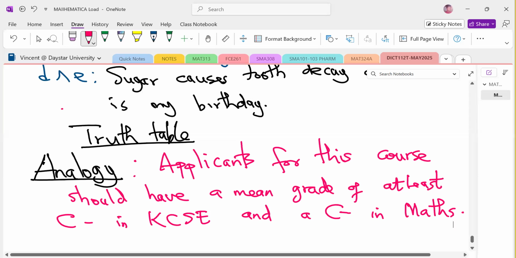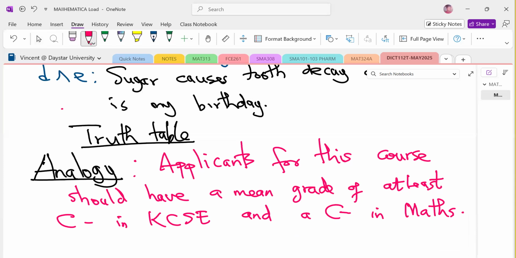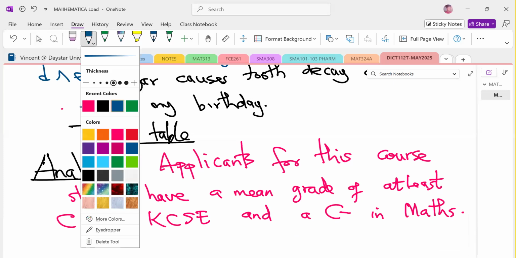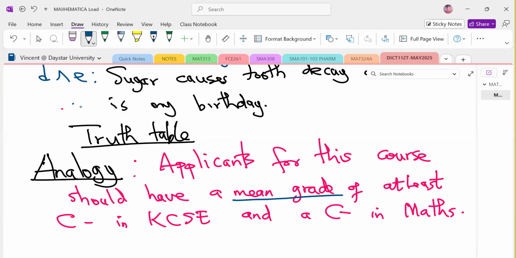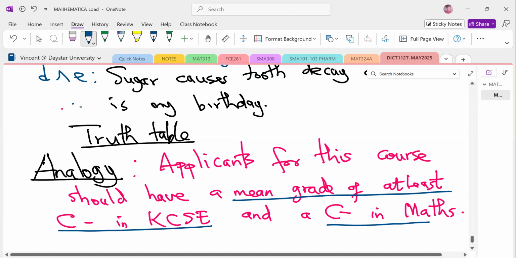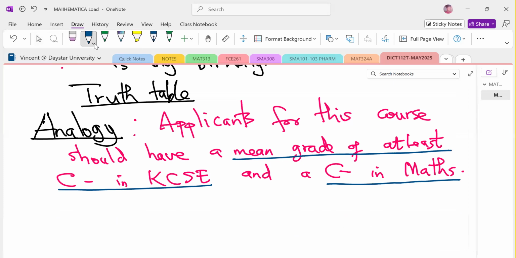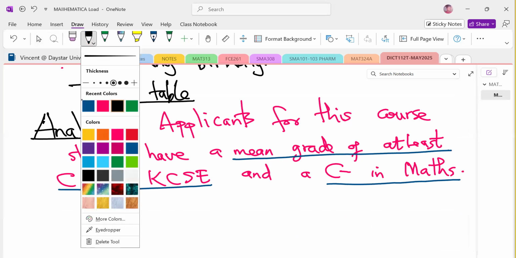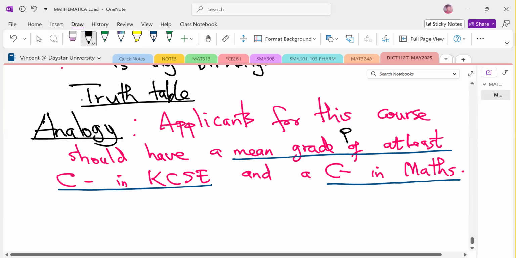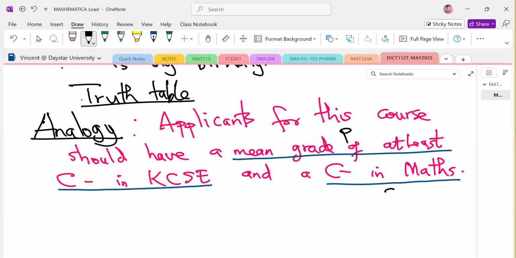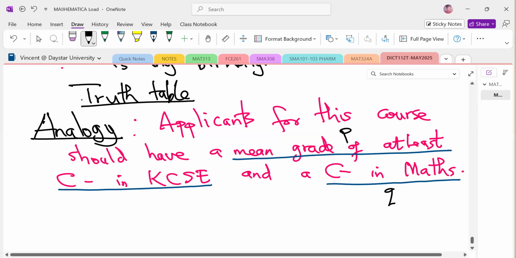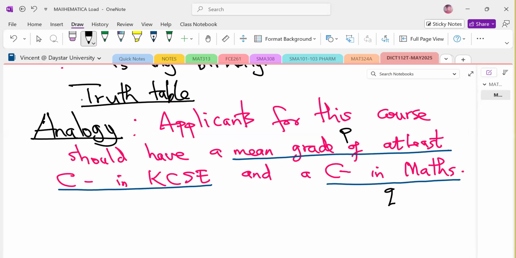So there are 2 things here. There's the mean grade, and then there's the score in mathematics. The thing to do with the mean grade, we'll call it statement P. And the thing to do with the score in mathematics, we'll call it Q. When the student has at least a mean grade of C minus, then P will be true.